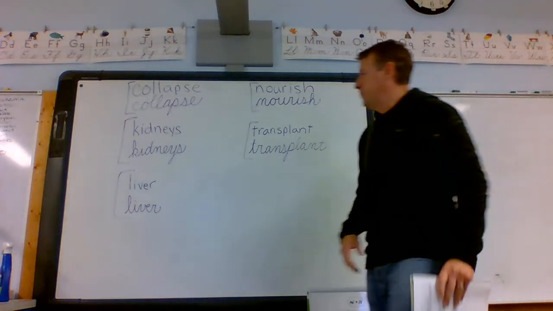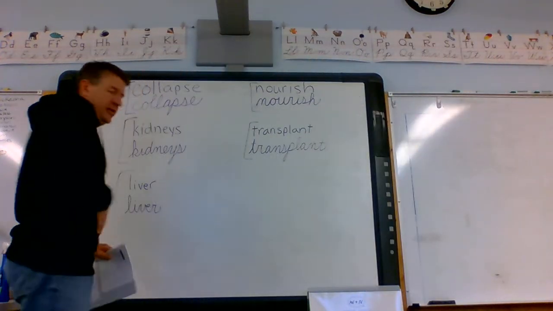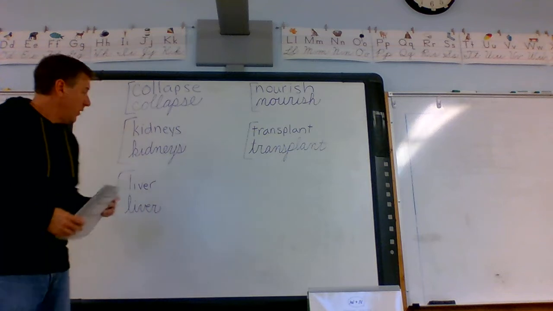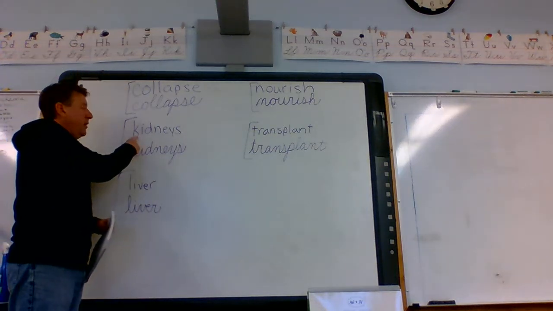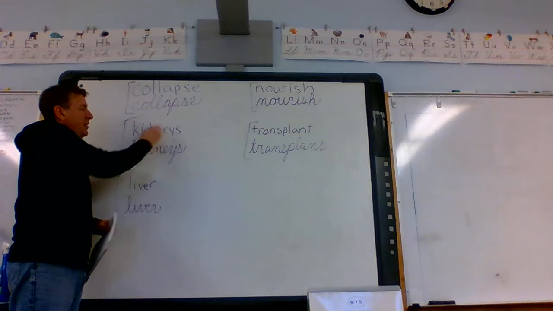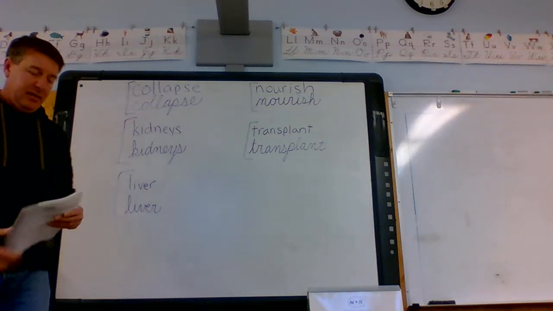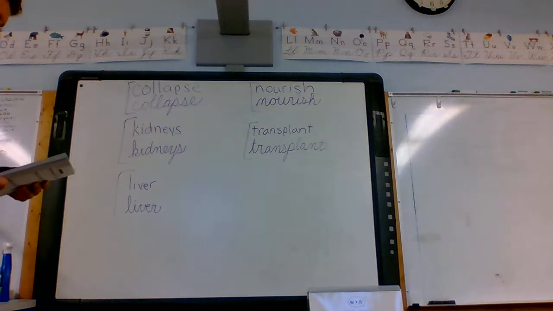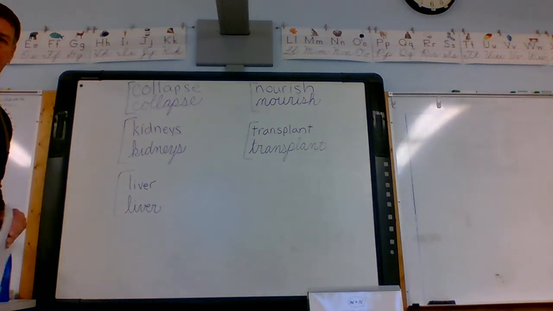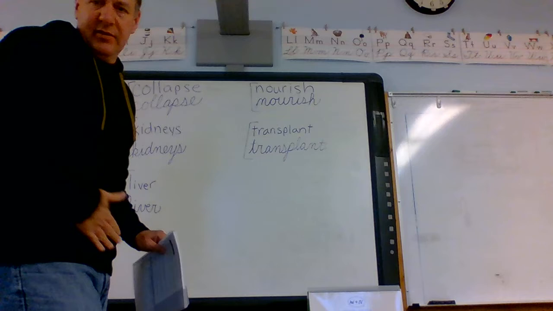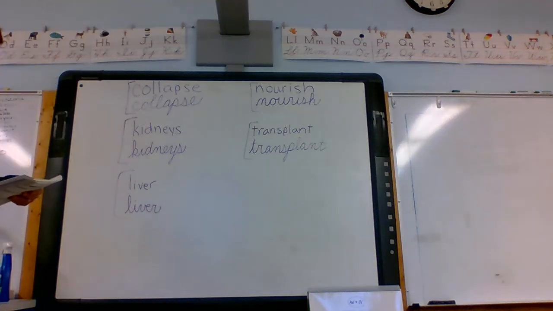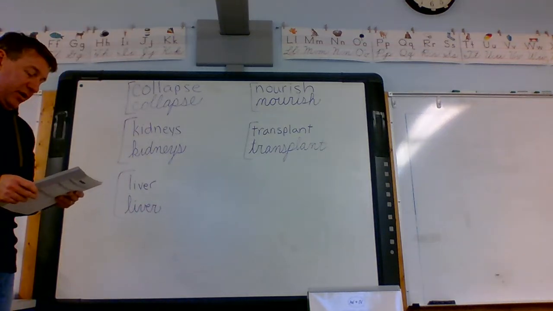The next word. These are organs in our bodies. Okay. The word is kidneys. Kidneys. And I've written it in cursive as well. So your kidneys are a pair of abdominal organs, which means that's where they are, kind of in this area. Your kidneys help clean your body's blood.